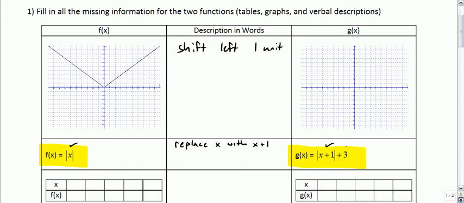And I also see this plus 3 tacked on the end. I don't see a plus 3 over here. So add 3 to my function. And this is a shift up 3 units.